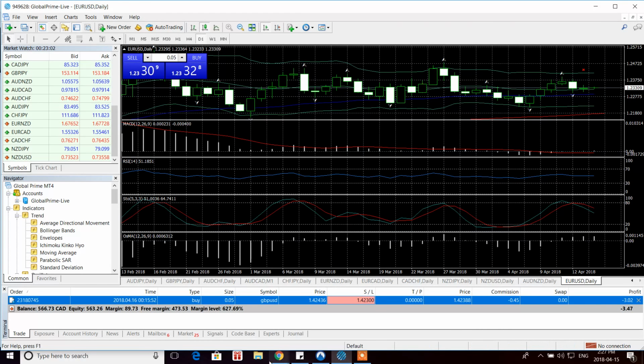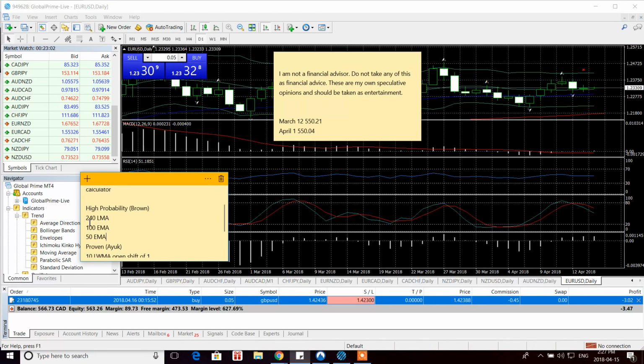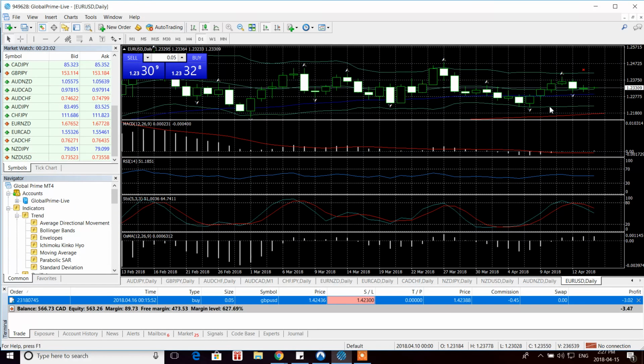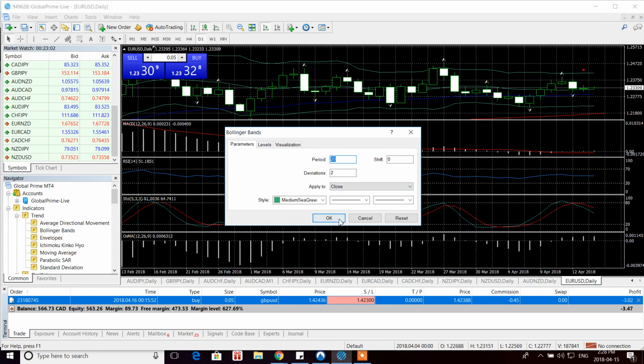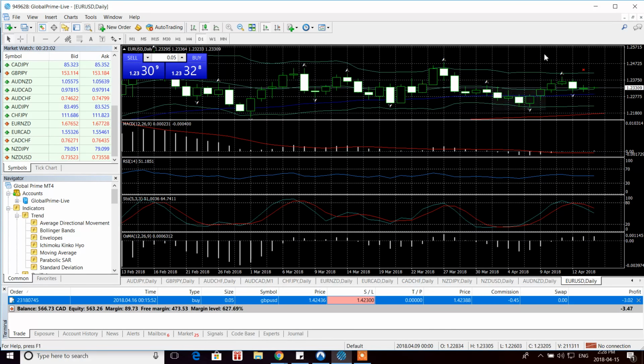And we're going to use a 240 LMA, linear moving average, a 100 EMA, and a 50 EMA. So this one's your 50, and this Bollinger Band we'll just delete, because it's not part of the method.